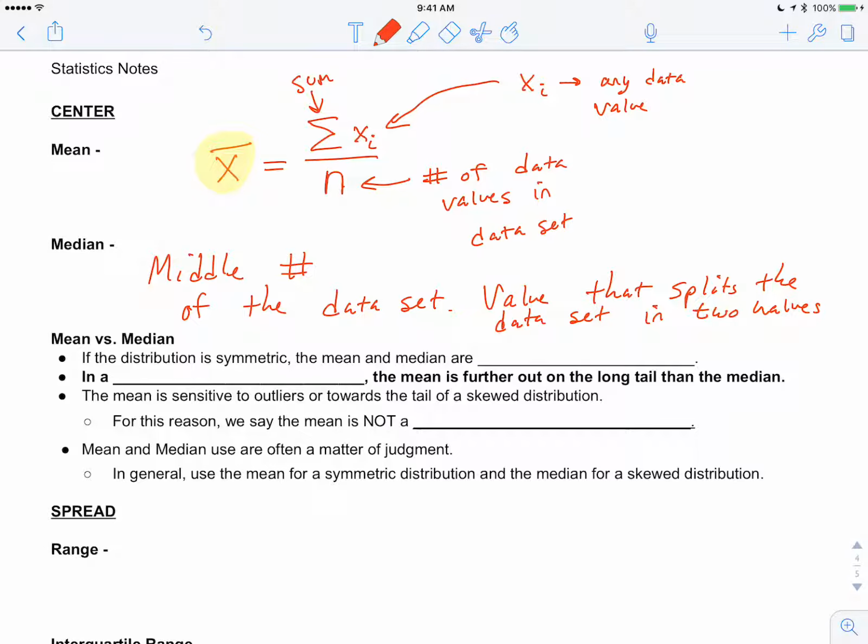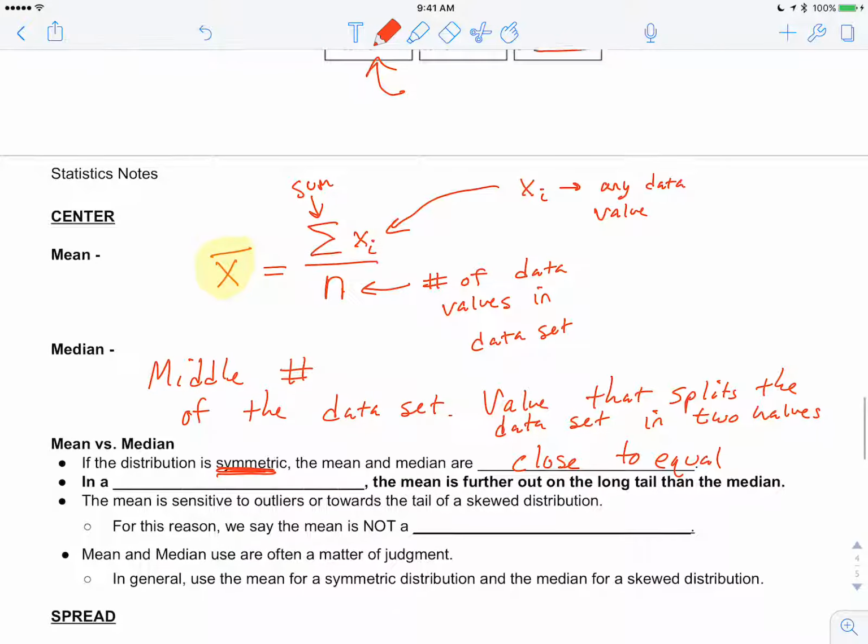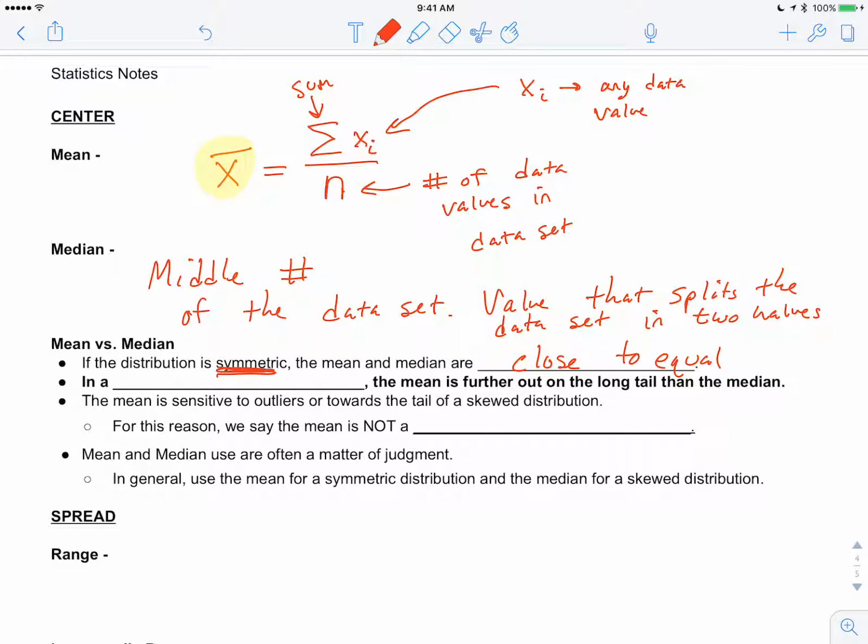Mean versus median. So when to use what? Many people don't know when to use them, or if there's a difference between them. There will most likely be a difference in a data set. If the distribution is symmetric, however, the mean and median are close to equal. If you have a symmetric data set, like the one in the top right, the mean and median are probably going to be somewhat the same or exactly the same.